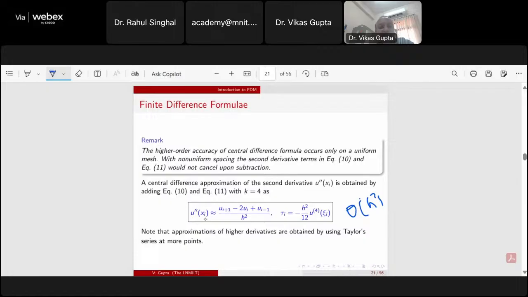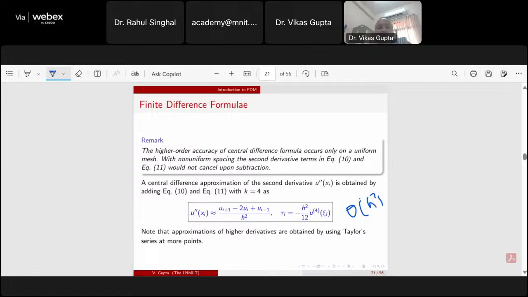And also note that in the same manner, we can find the approximation for the higher order derivative terms by using the Taylor series with the inclusion of more points. That is, more points means that you need to find the Taylor series at the points xi minus 2, xi plus 2, if you are interested in the finite difference approximation of the third order derivative at some point xi and so on.